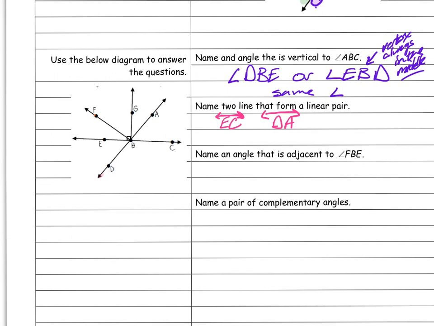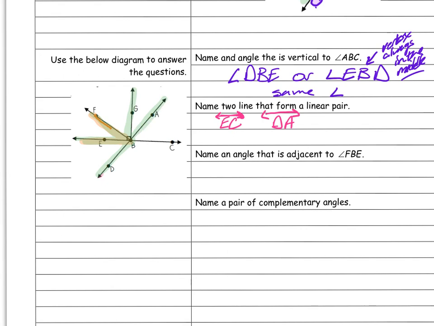The next one says name an angle that is adjacent to angle FBE. So I need something that's adjacent. What does the word adjacent mean? Adjacent means it is touching, so it shares a side. So here's an angle that shares a side, and here's another one, and here's one. There's lots of choices.